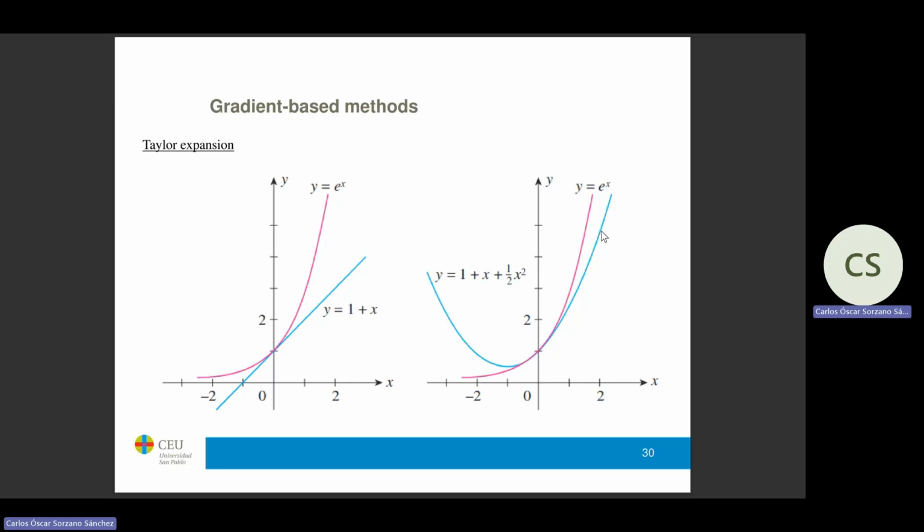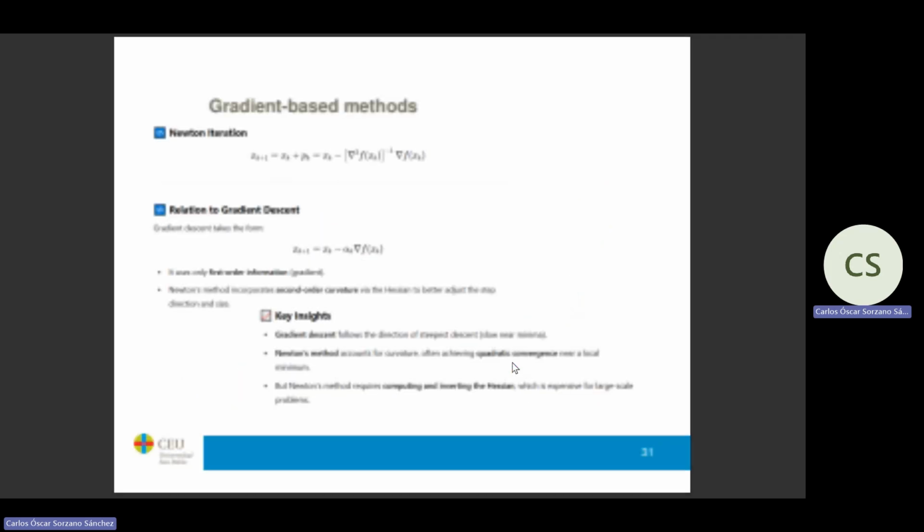The second order approximation is okay: around this point I am approximating by a parabola, and then I will try to look for the minimum of the parabola. We have already computed the best direction and how much we should move in that direction. That was this thing, and you see here there is no learning rate.